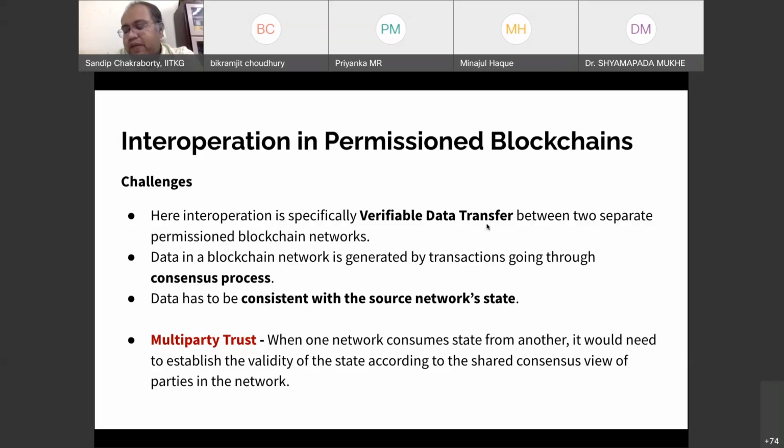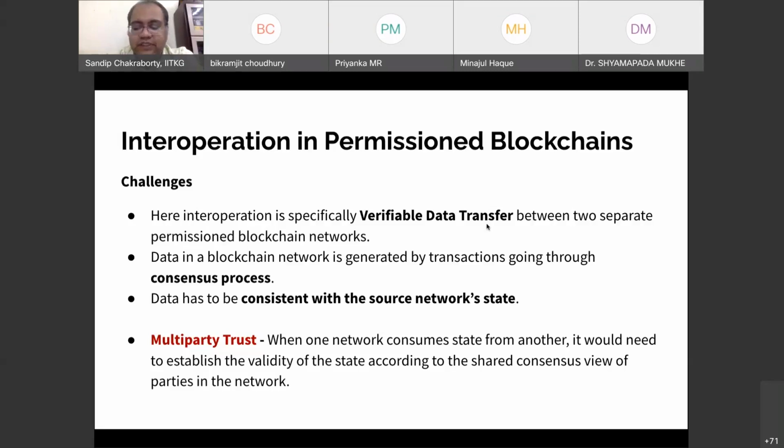This is difficult to achieve because every blockchain network runs its own consensus algorithm, and interestingly, different blockchain platforms can run different consensus algorithms. The state of one blockchain network has been achieved through one consensus algorithm, whereas the state of the second blockchain network has been achieved through another consensus algorithm.